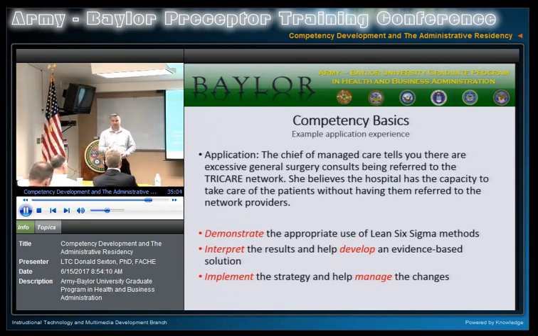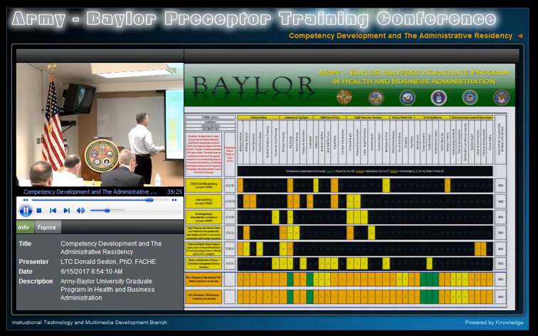A lot of them will actually get to that phase of change where they're implementing the change and they can see their results over time. And then they have to write up the executive summary for these types of projects. So in terms of competency development, this is a tremendous way to get them to really rise to the higher levels of competency development.